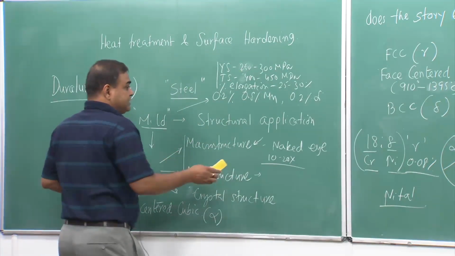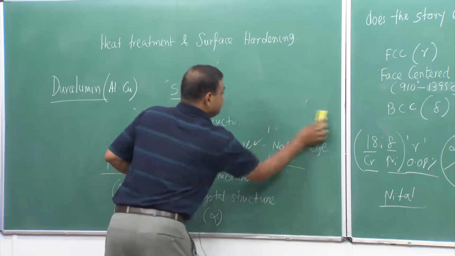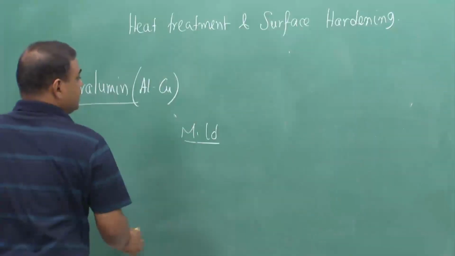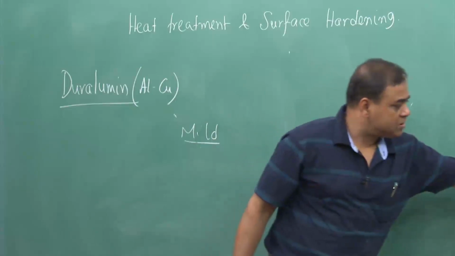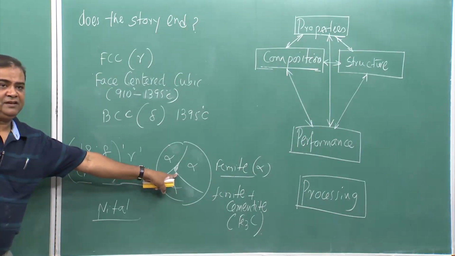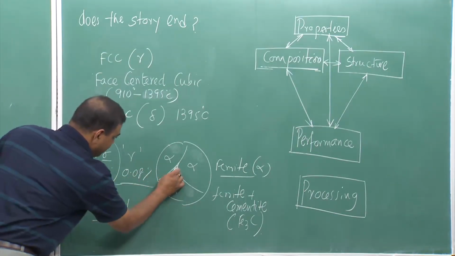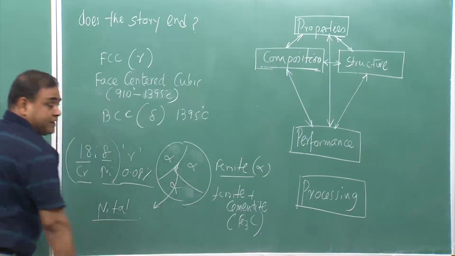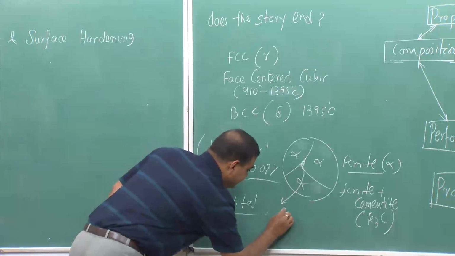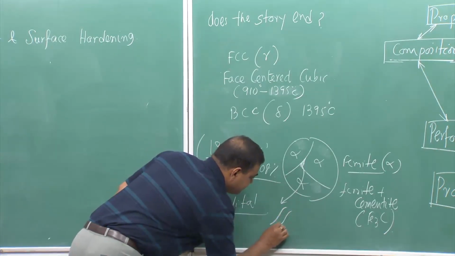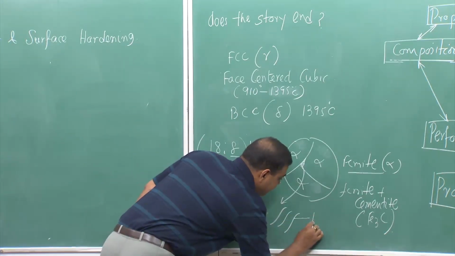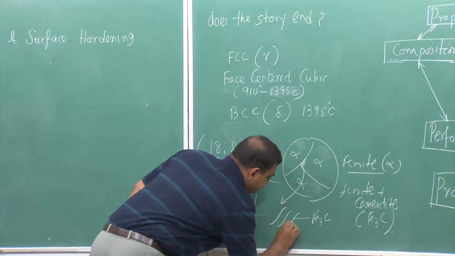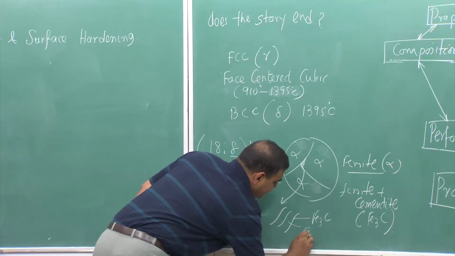I am removing all the things now. Now, in the mild steel, the kind of structure we have seen is this. If we blow it up again, we will see the structure is like this, where these are Fe3C and these are ferrite.